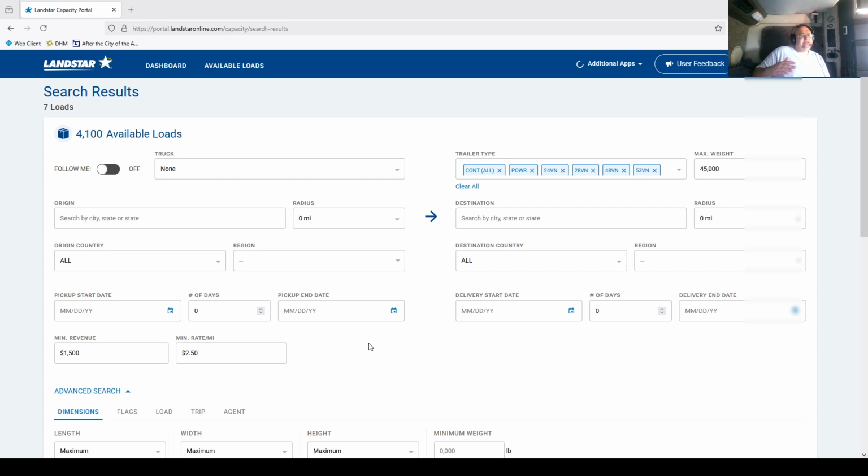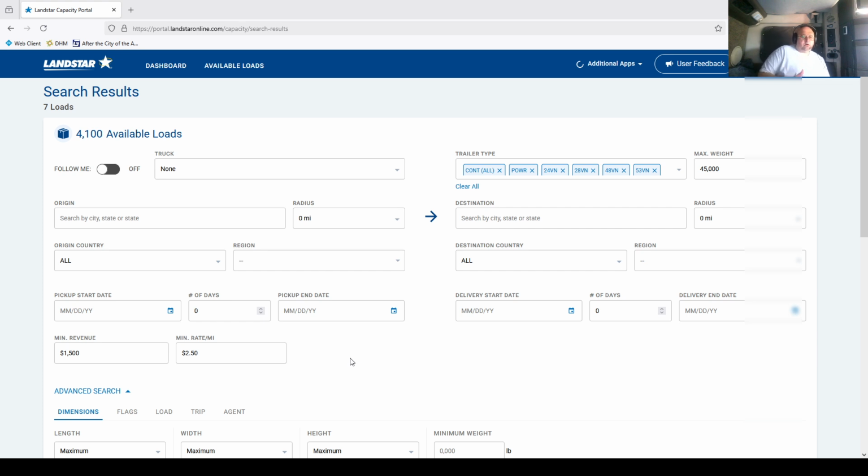$500 a day is another threshold of profitability. You need to be doing a minimum of $500 a day gross to the truck. Otherwise, you're going to struggle to be profitable. So by me putting in a minimum of $1,500 revenue and $2.50 a mile, that's cutting out almost all of the unprofitable loads.